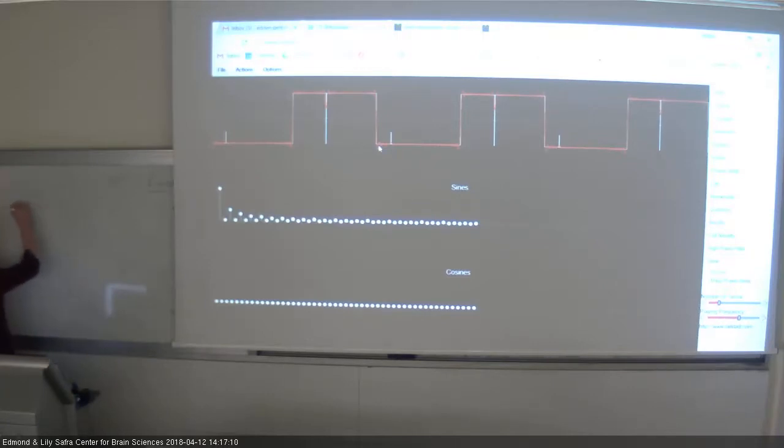So if we have a function that is sampled at this rate, so this is maybe 1,000 times per second, for example, an oscillation which would be 500 cycles per second would look like this.